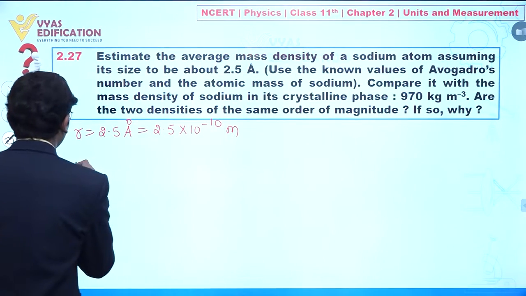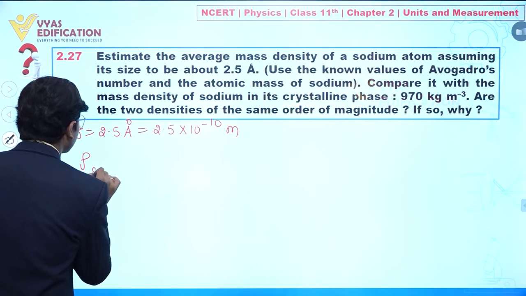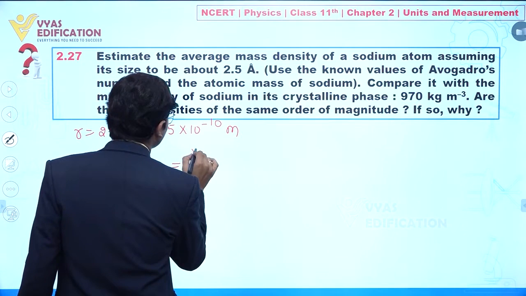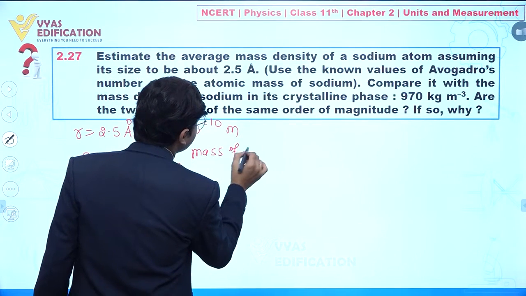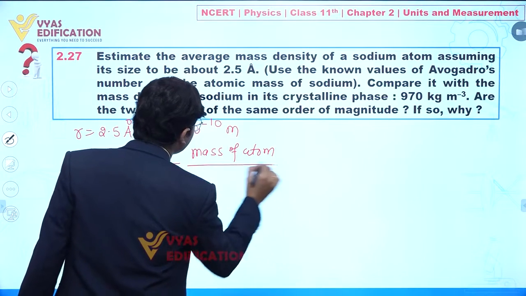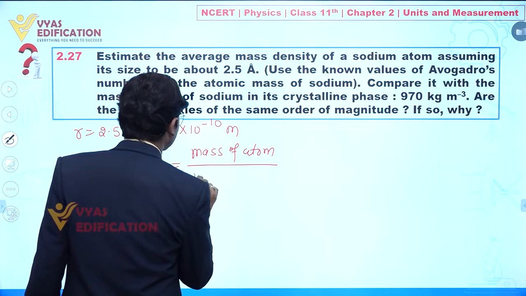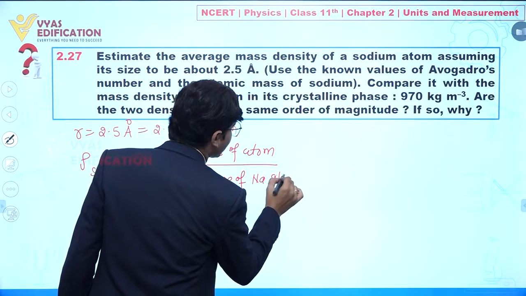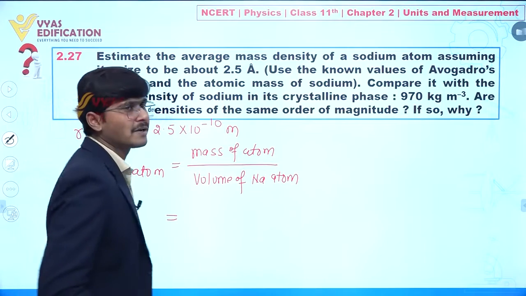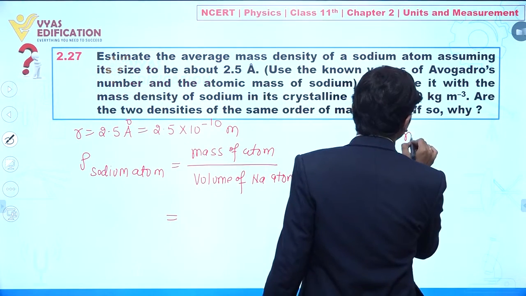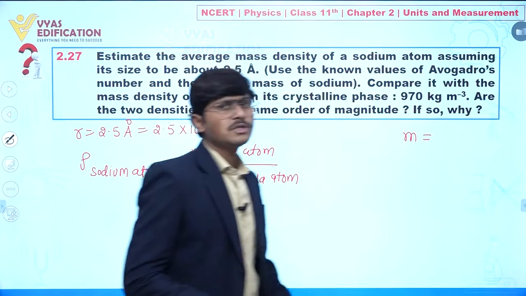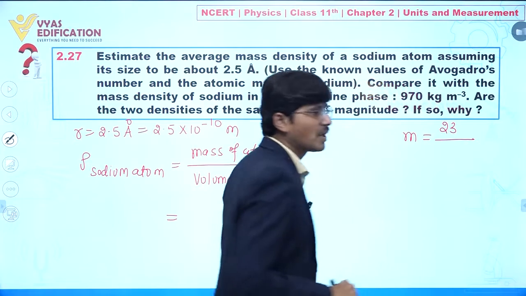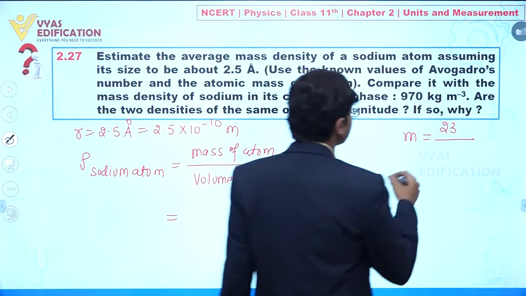How can we find it? We can say the mass density of sodium atom is equal to the mass of the atom divided by the volume of the sodium atom. How can we calculate the mass of the atom? For sodium, the molar mass is 23 gram, and divided by Avogadro number, at that time you can find the mass of a sodium atom.